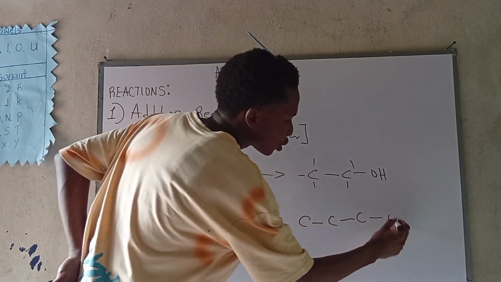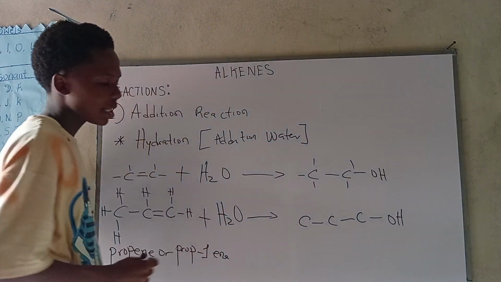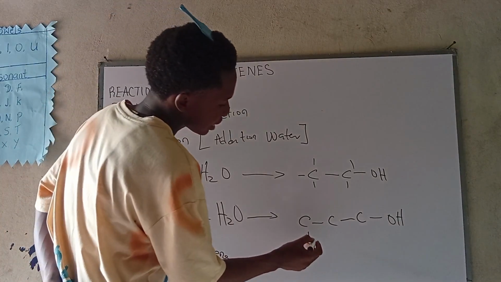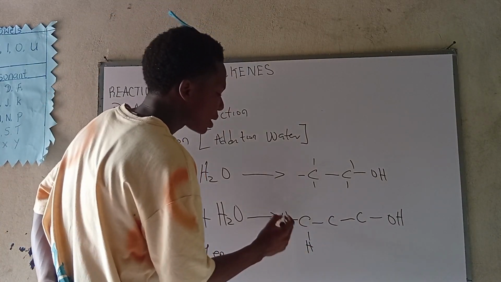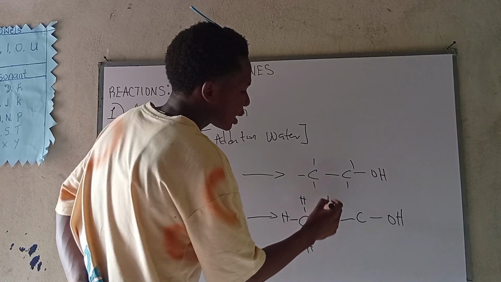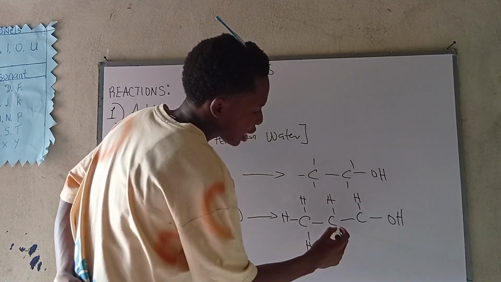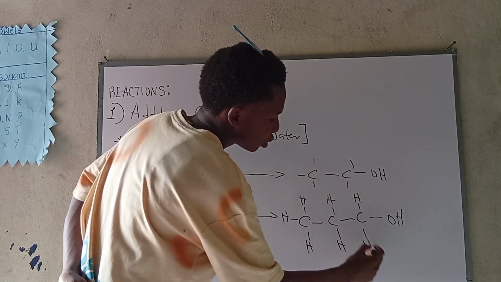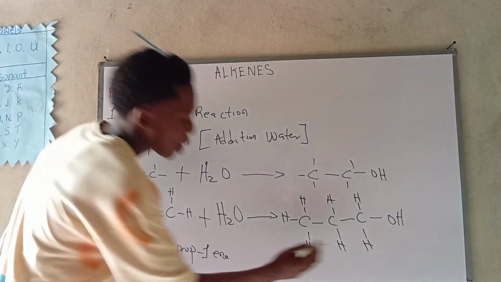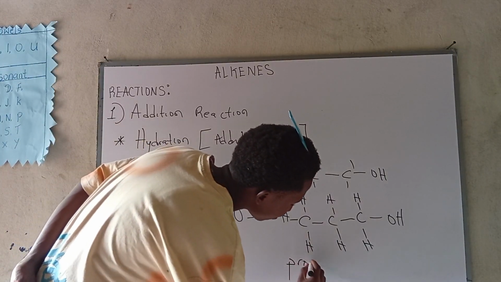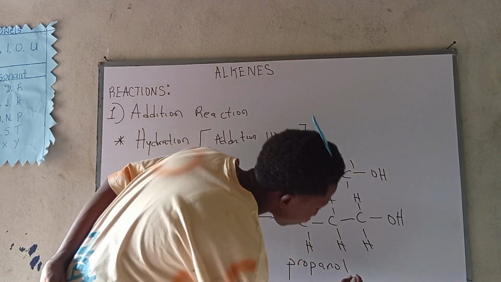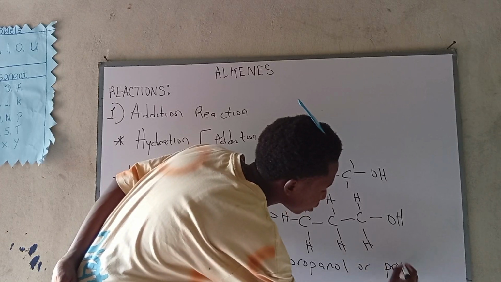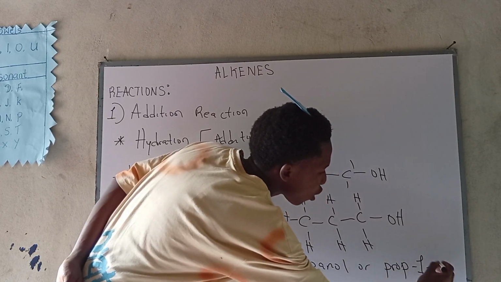We put our functional group. After that, what is next? We balance our hydrogen. It's as simple as that. It's just understanding; the reactions of alkenes are simple. So we are going to name this propanol, or propan-1-ol.